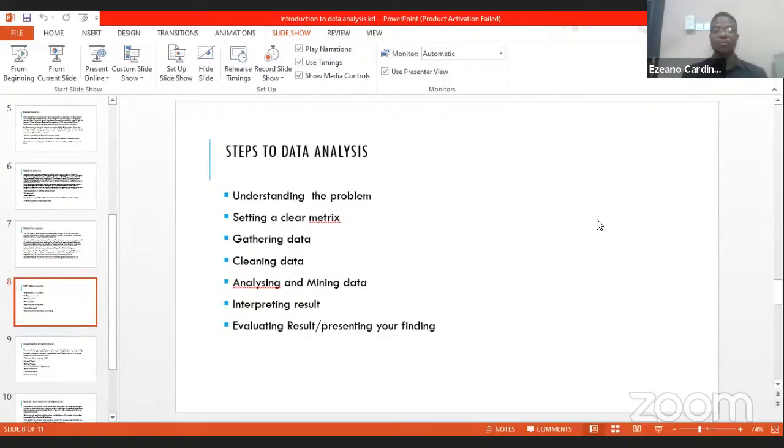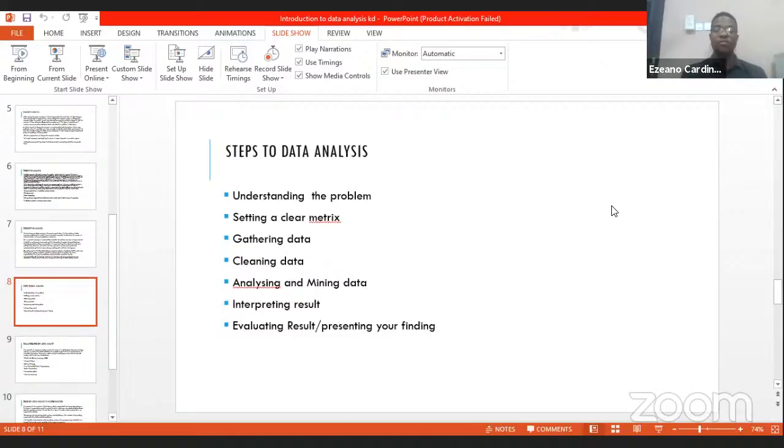So you analyze the data, then interpret the data also. After interpreting the result of what your model is giving you, you have to evaluate it and then present your findings. And this is where the board directors come in.